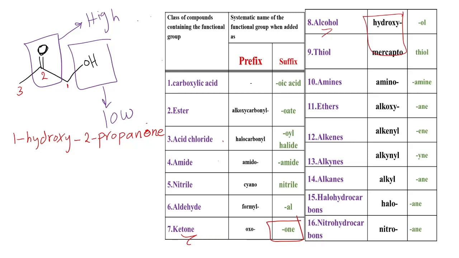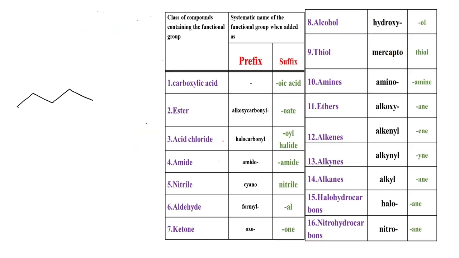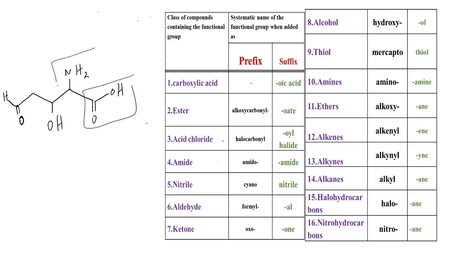Let's move on to the next example. As you can see here, there are four functional groups. As we know, with carboxylic acid, we always take the suffix from it because it has a high priority compared to other groups.